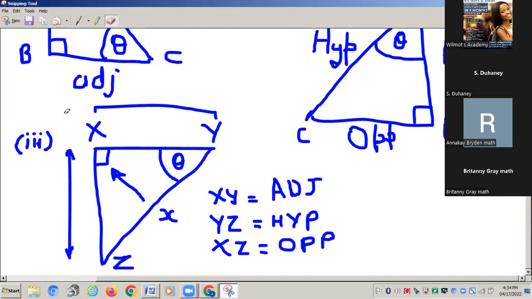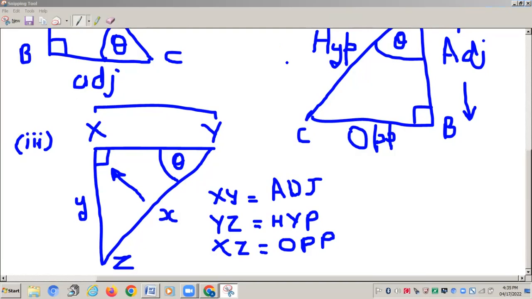X. And then opposite Y is common Y. And opposite point Z is what? Common Z. So you can label your triangle like that.